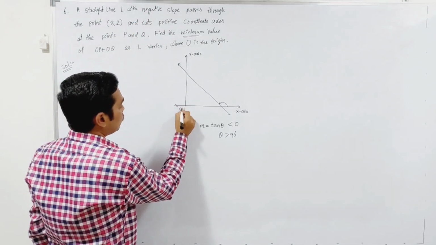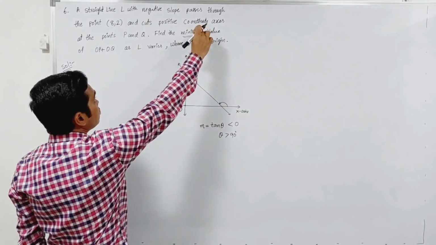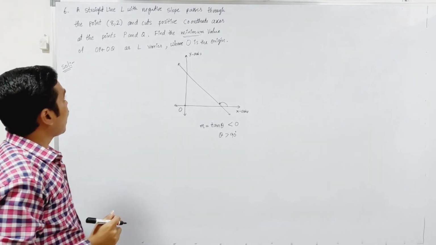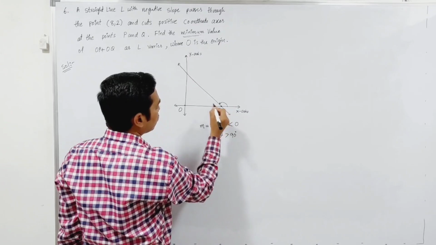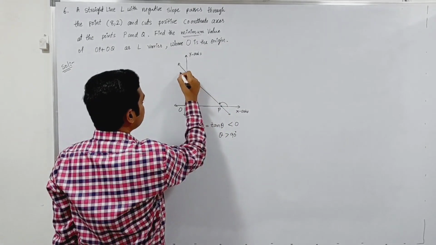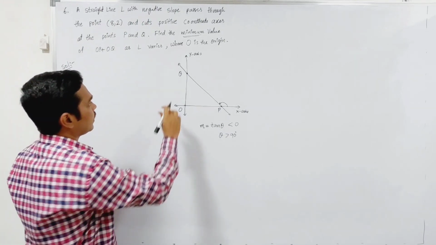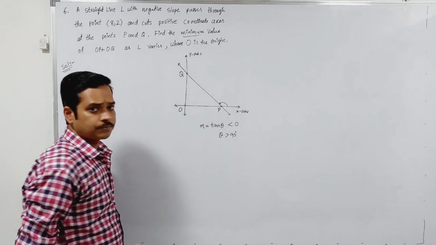This is the origin O, and the y-axis. The line cuts the coordinate axes at P and Q. P is the point on the x-axis, and Q is the point on the y-axis.